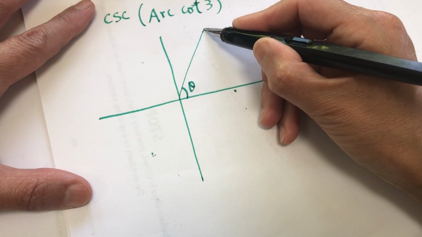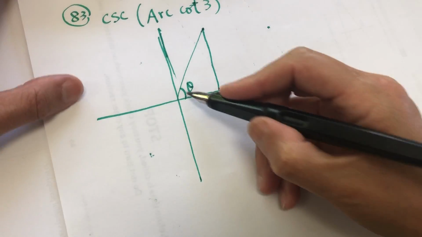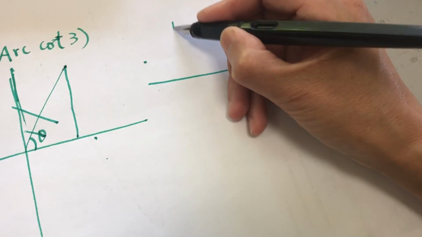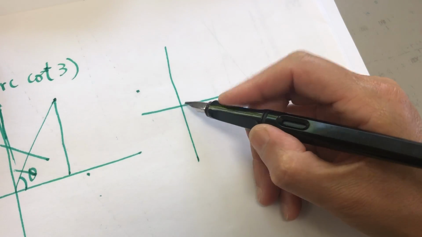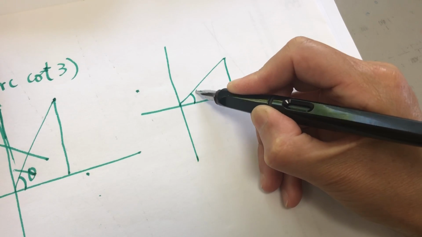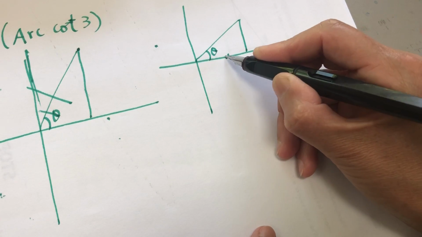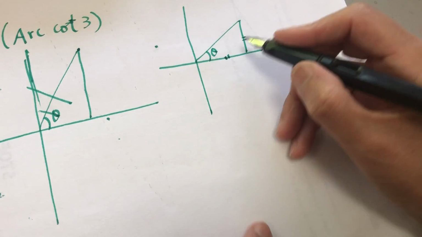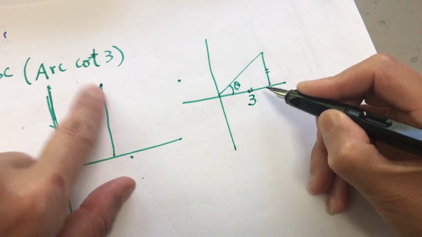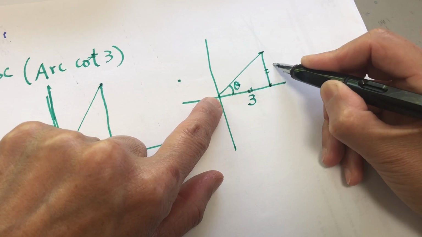I'm drawing a little bit not so well thought, I will do it again. Here is the theta. Cotangent, what does it mean? It's adjacent over opposite. So cotangent is 3 means the adjacent is 3 and the opposite is 1.